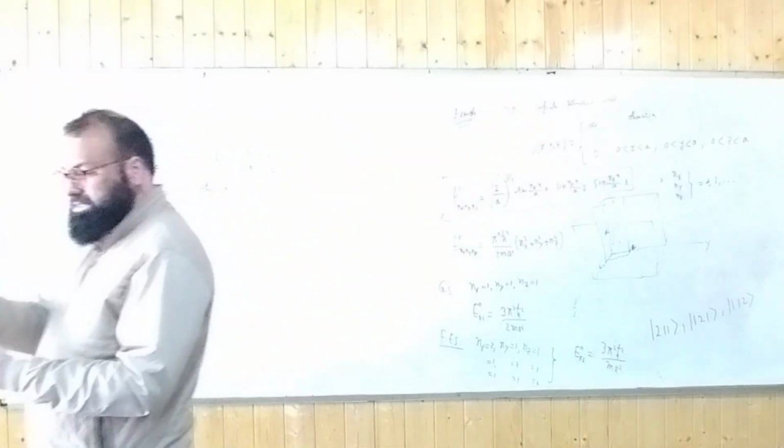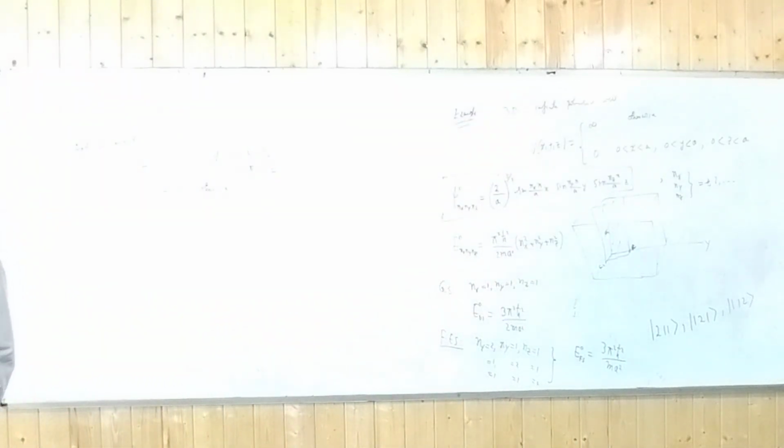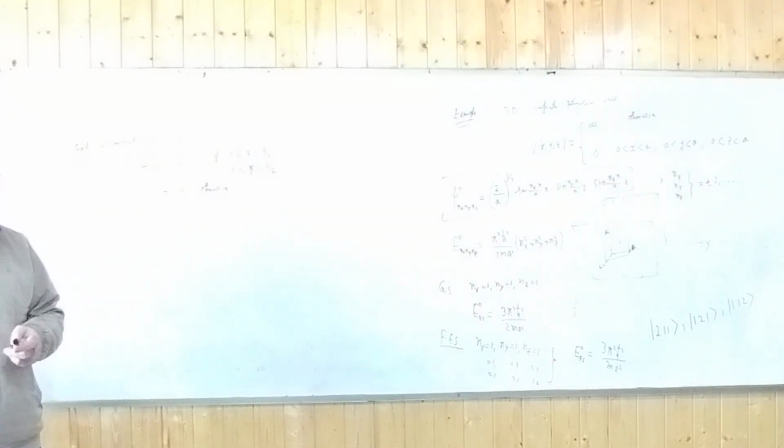In other words, you are just shifting the bottom by V0. You have a box, and on this very side you bring it up. So the potential has now deformed. This is the kind of perturbation we are looking at.